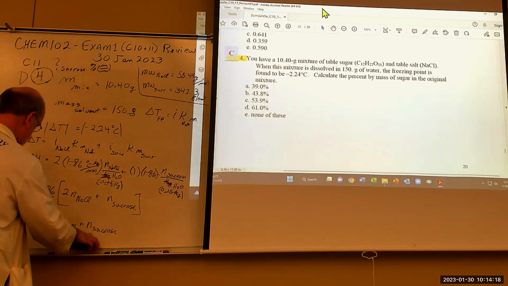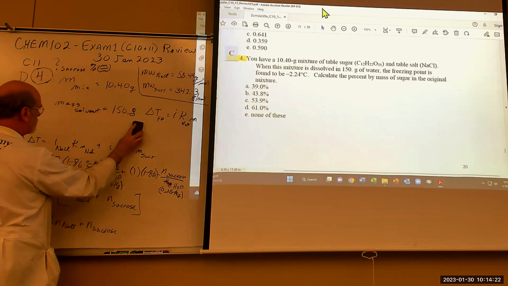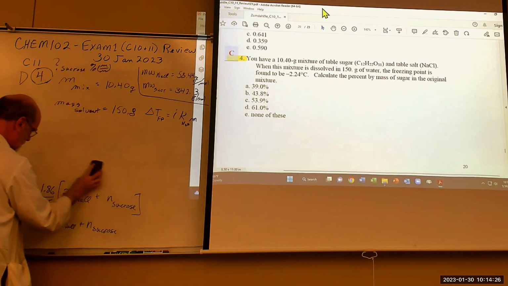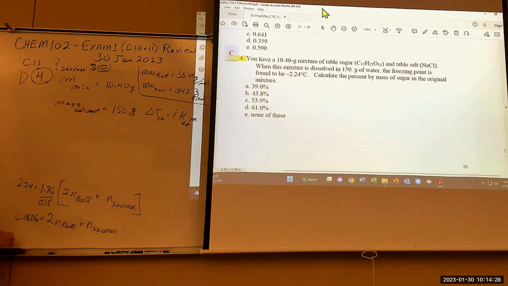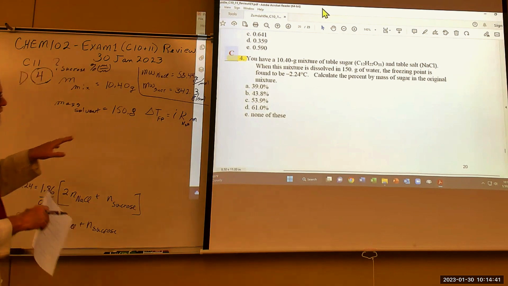So now I'm going to have to erase some of this stuff. I'll leave that there for now. Now what we're going to have to do is go back to the question, percent by mass of sugar.